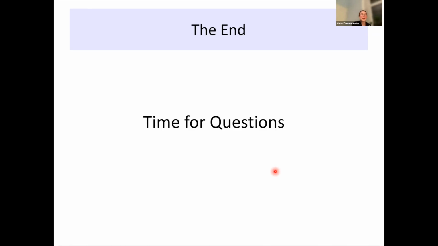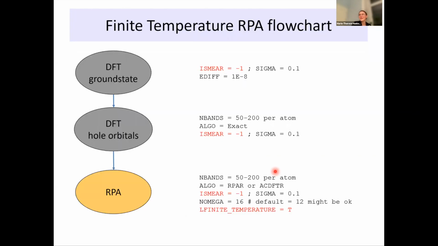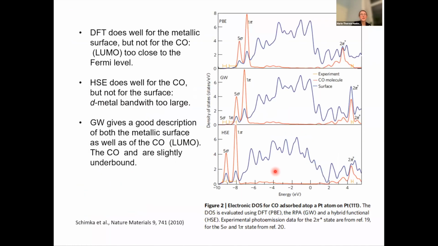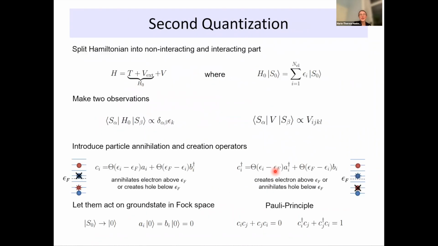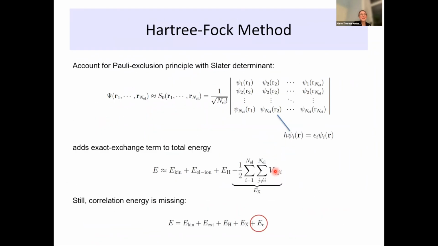Maybe you could elaborate a bit on that, because this is such an important concept that we already met on the first day when Martin said that we basically map onto an uncorrelated system. So maybe you could explain what is correlation.